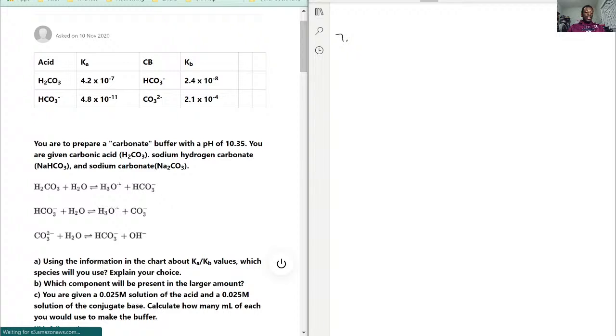Now, in regards to the pKa, it's crucial here that you can only use pKa for Ka values, not the Kb values.